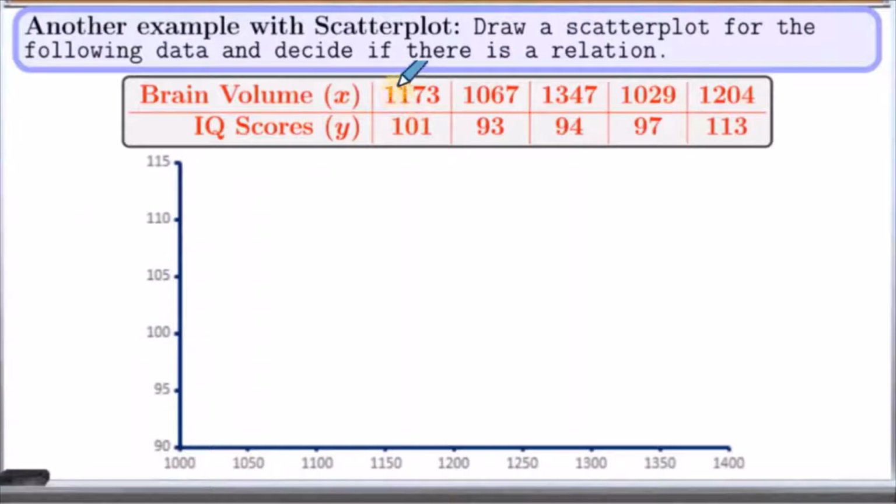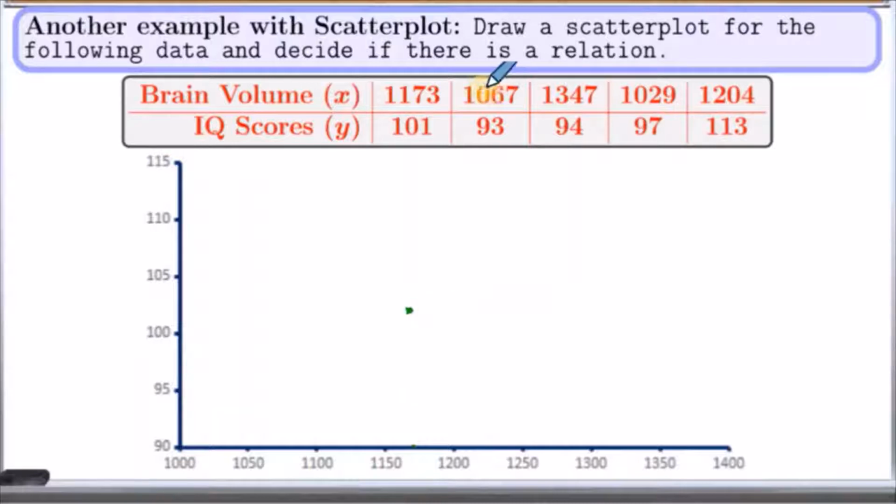So we have, for x, 1173, and for y we have 101. Our 1173 is between 1150 and 1200. So let's say our 1173 is here and we'll find 101. So let's say somewhere over here.